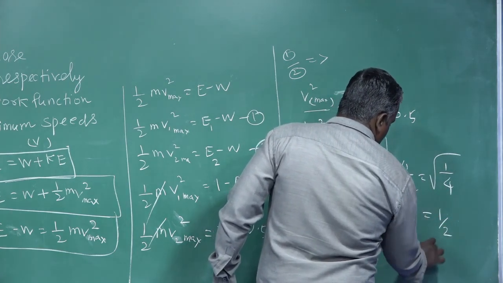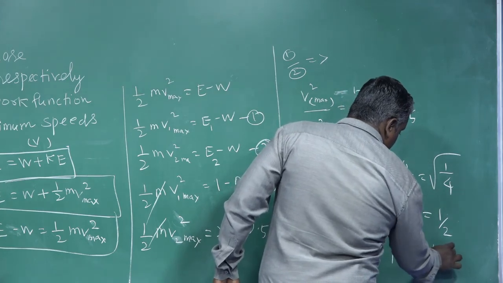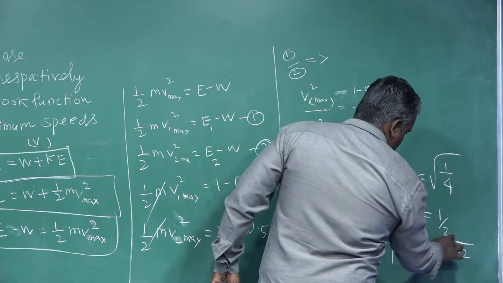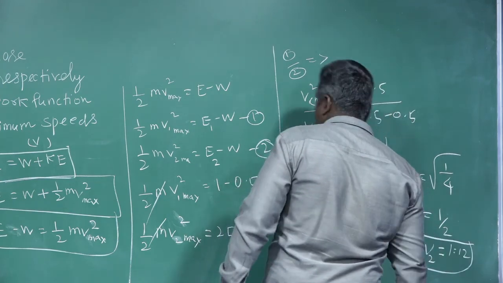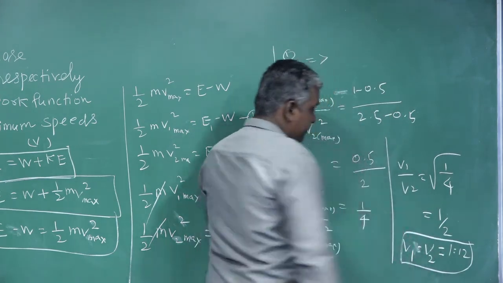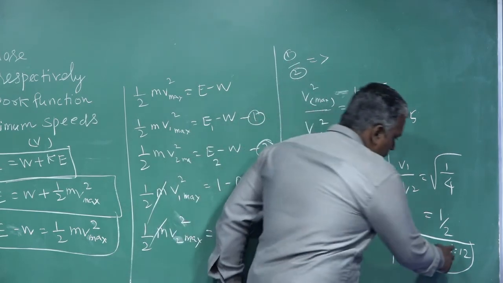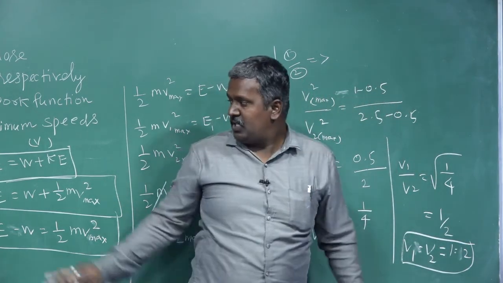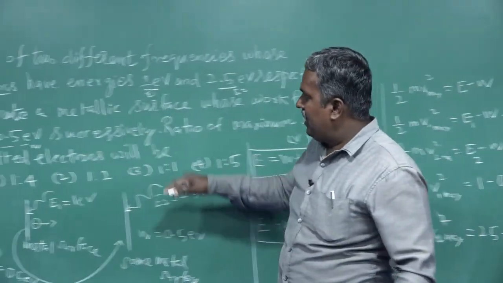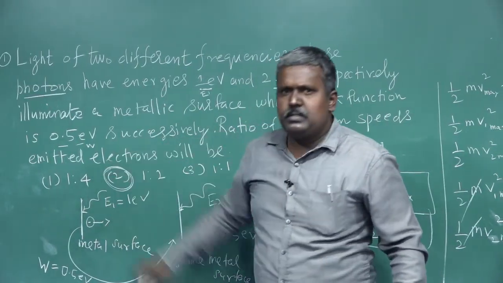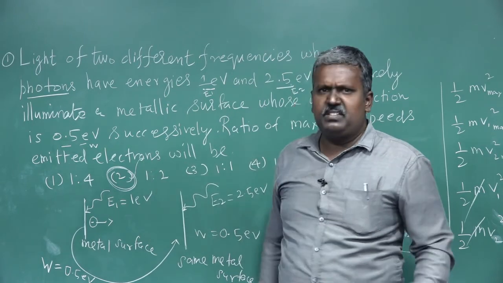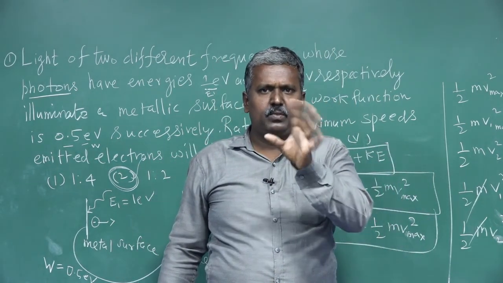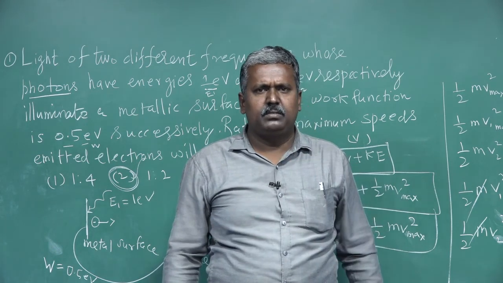Therefore V1 is to V2 is equal to 1 is to 2. Clear? Not 1 is to 12, 1 is to 2. So which option? Second option. Clear? A very simple but repeated question in your NEET examination.